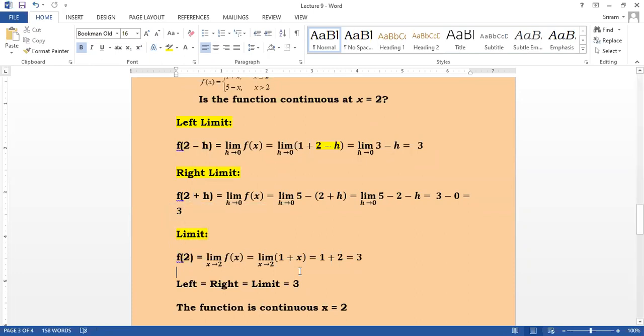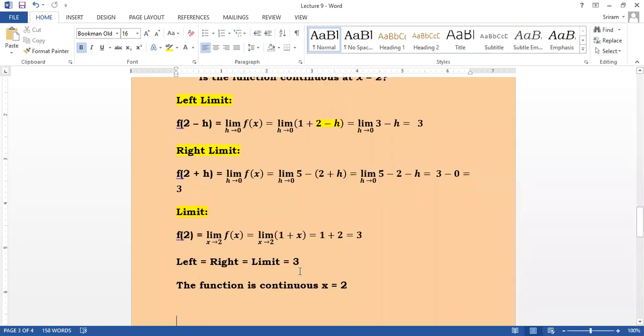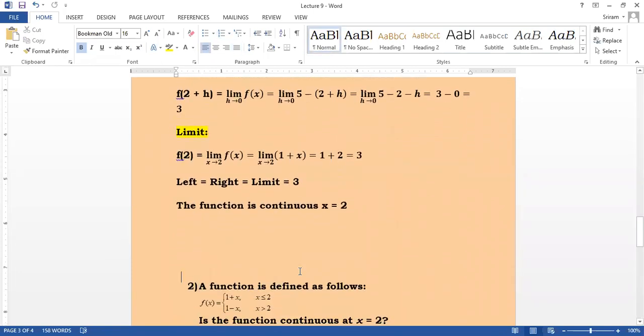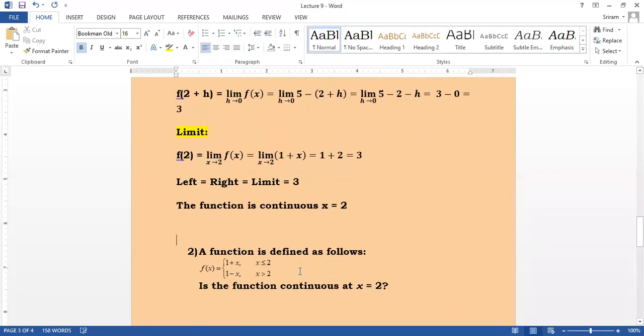We find the value. If all the values are the same, then we say the function is continuous. If we have different values, we say the function is discontinuous or not continuous. Understand the idea, dear? If I finish the next question, you may understand more clearly.